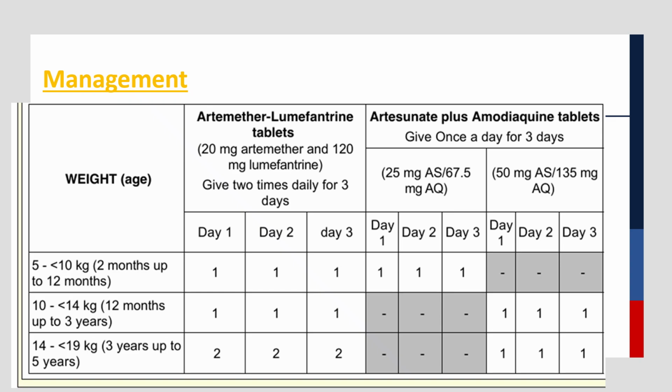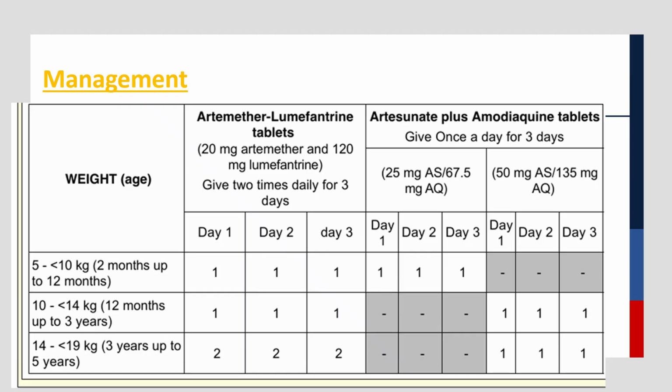For a child weighing 5 to less than 10 kg, you're going to give one tablet 2 times a day for 3 days. Under 14 kg, one tablet BID for 3 days. 14 to less than 19 kg, two tablets BID for 3 days.